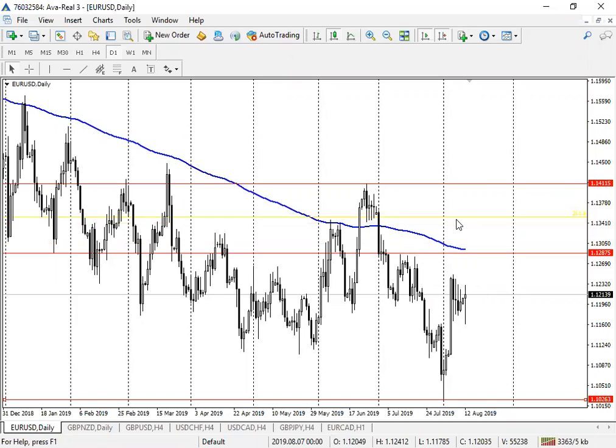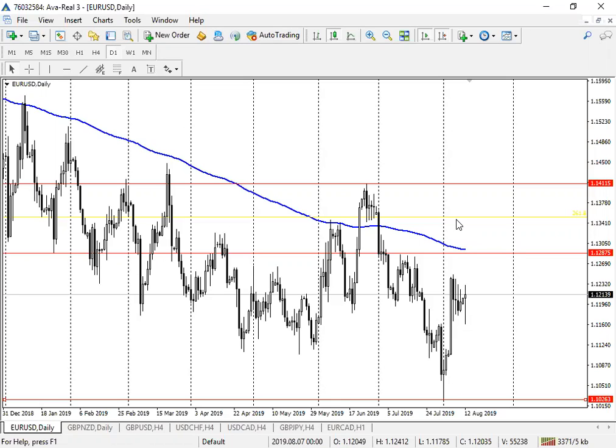It does seem like 12.87 has been a significant support level previously, before the market broke down and retested that area again, and therefore we'd like to see a bit of resistance at that level.